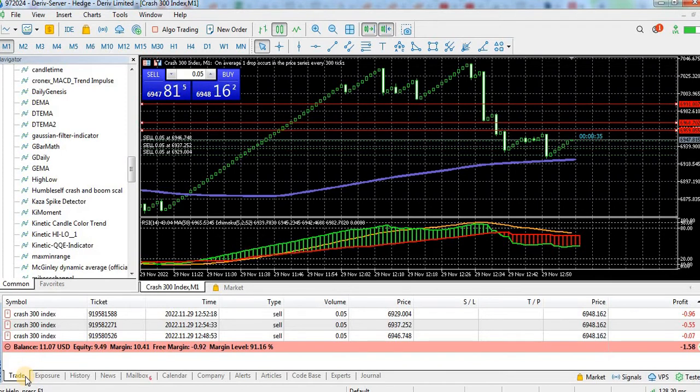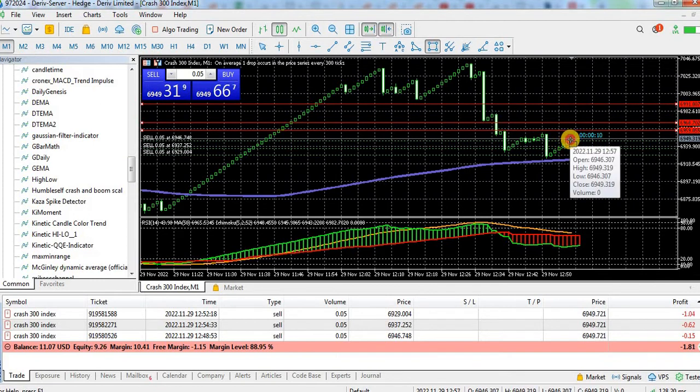After this 5th candle, if there's no spike, stop the loss. But I know that there will be a spike. It's going to spike below this BB, and it will be much better if the candle spikes below BB here.